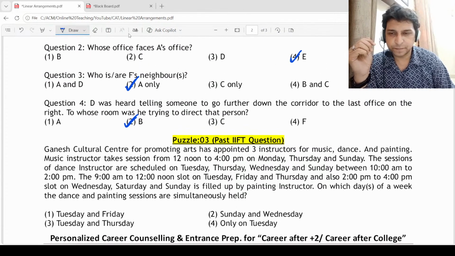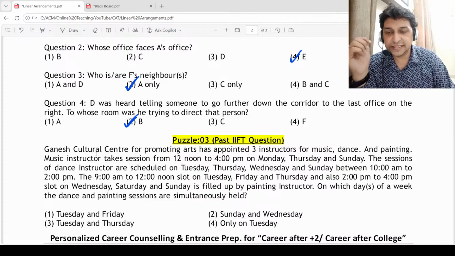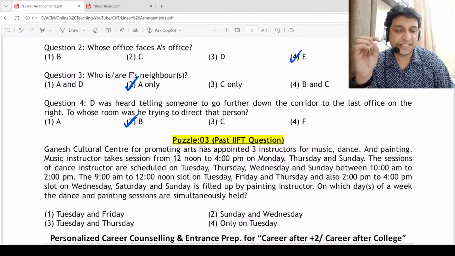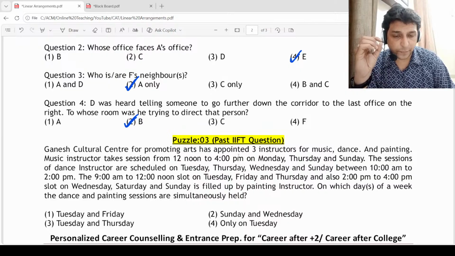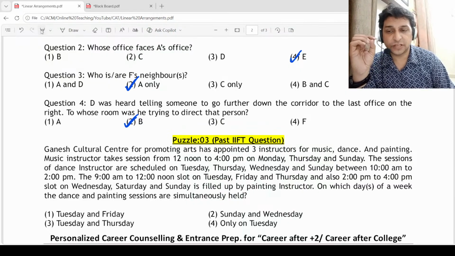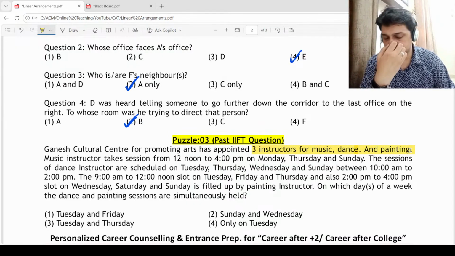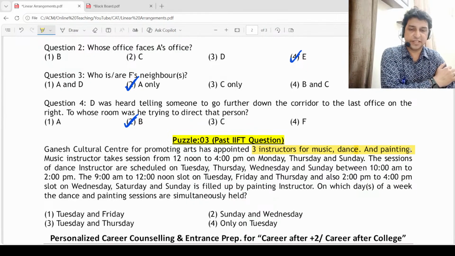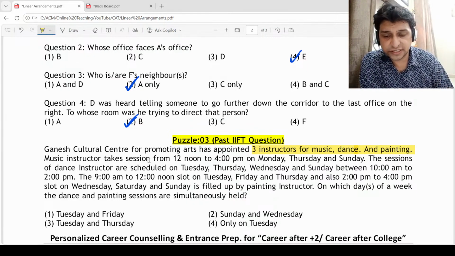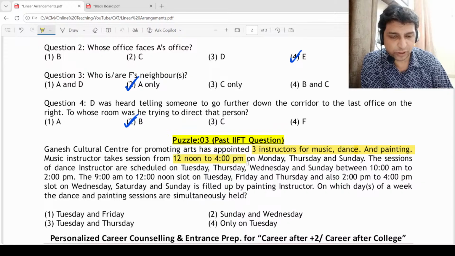It says Ganesh Cultural Center for Promising Art has appointed 3 instructors. So there are 3 instructors for music, dance, and painting, 3 different activities. Music instructor takes session from 12 to 4 p.m. on Monday, Thursday, and Sunday.